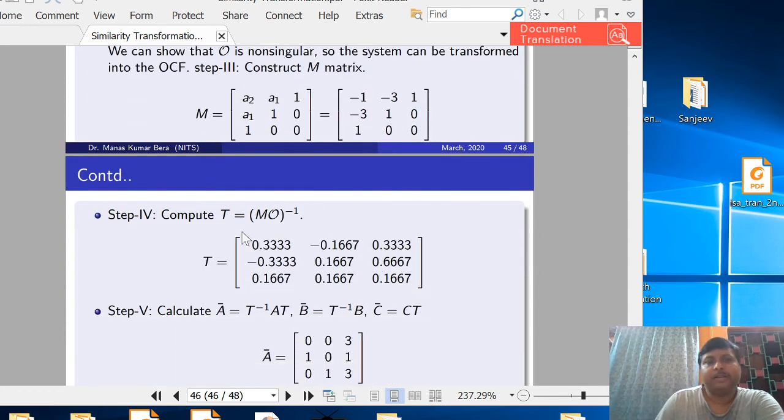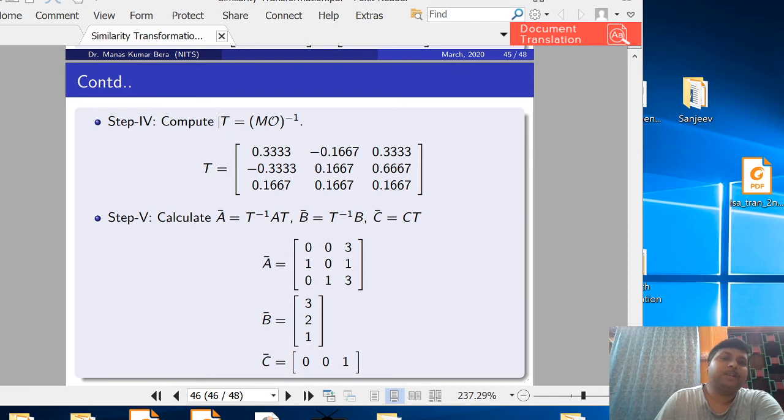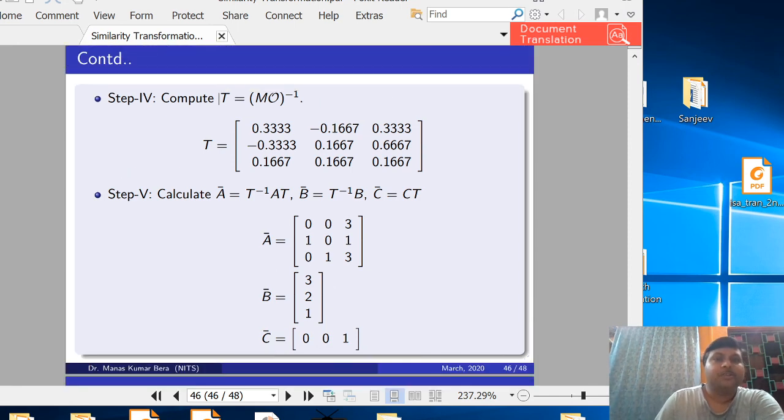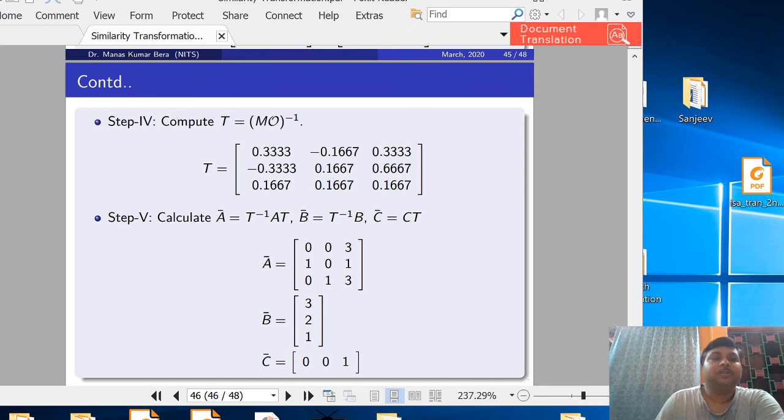Now we have built the T matrix by multiplying M and O inverse, and this is the result. And if you calculate A bar, B bar and C bar, they will be like this, and you see, this is in observer canonical form. So this is all about how you can build the T matrix for the controller canonical form transformation and observer canonical form transformation.